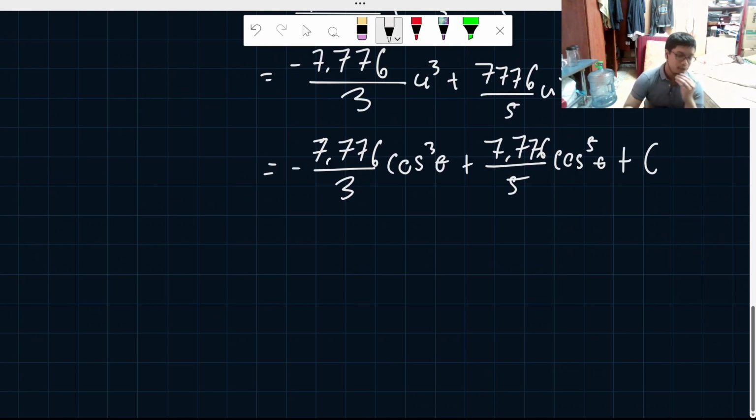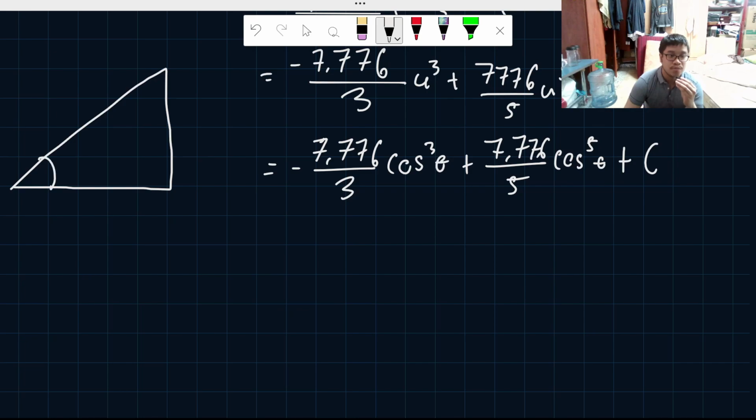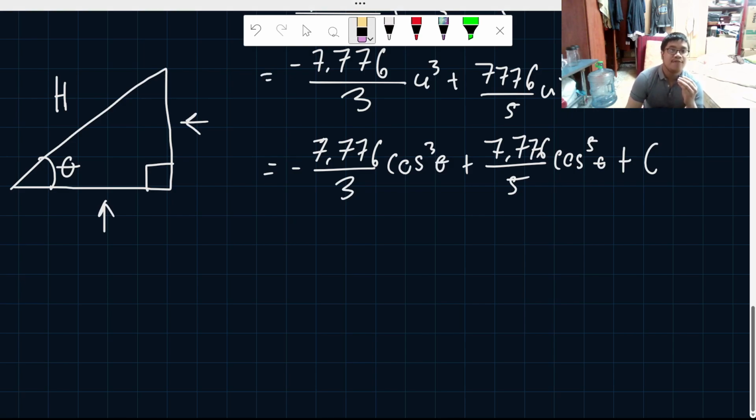By how? So here we will apply what we learned in a right triangle. So we have a right triangle here, and suppose this is our given acute angle. Remember that in a right triangle, we have three parts: the hypotenuse and the legs. These two parts, the base and the height, are like your legs. However, these legs have their own specific names.